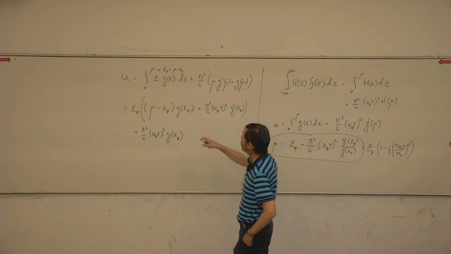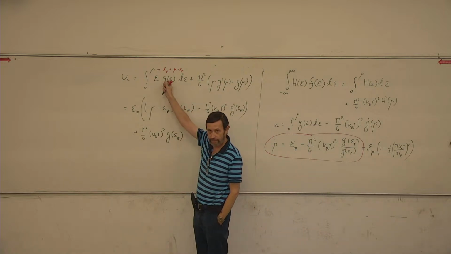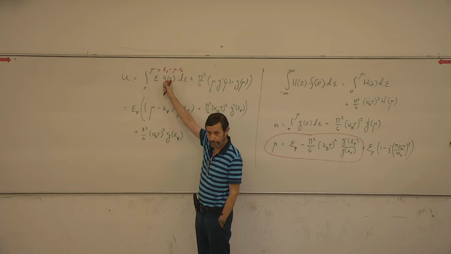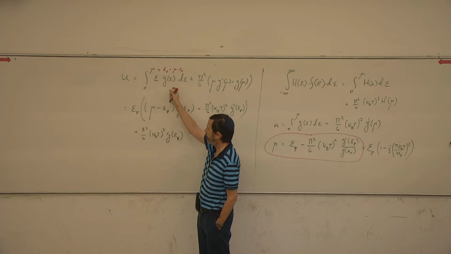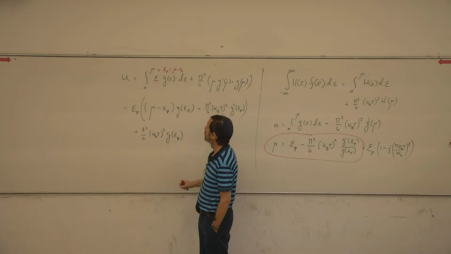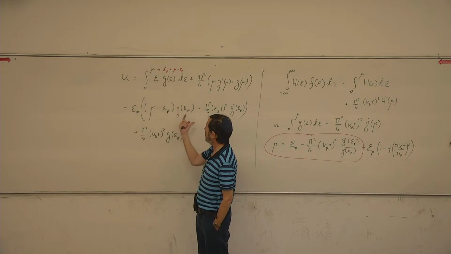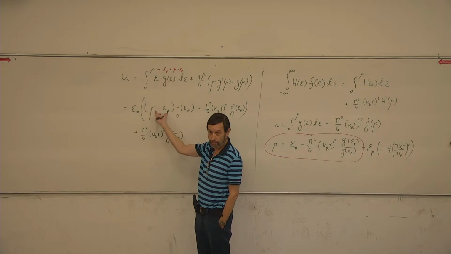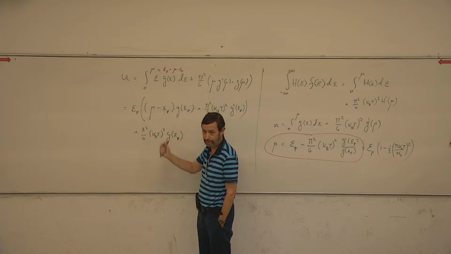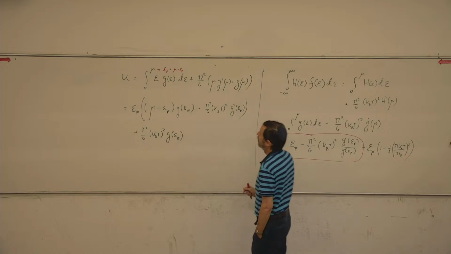You can assume that G(E) could be replaced with G(EF), and E could be replaced with EF, and all I have there is mu minus EF. That is the additional term that I get. Okay?